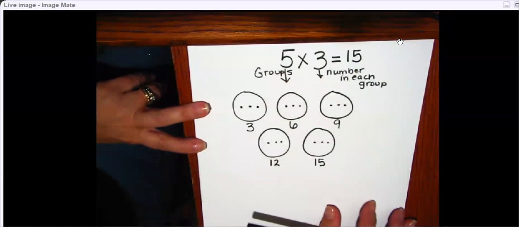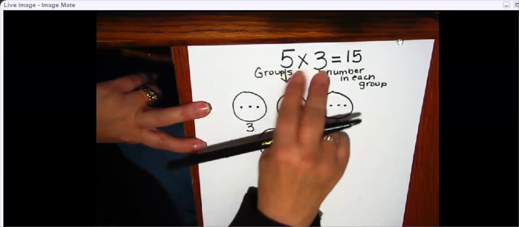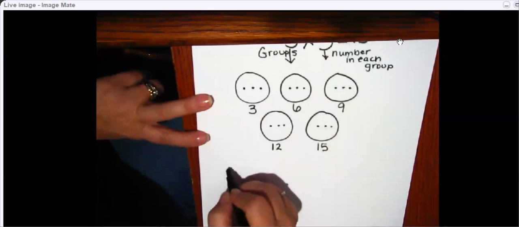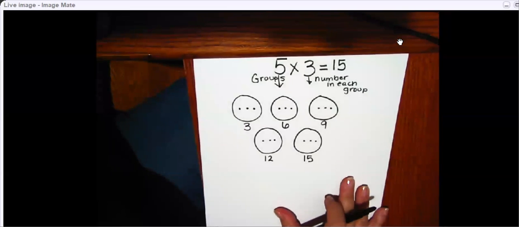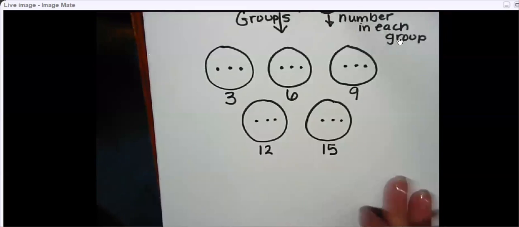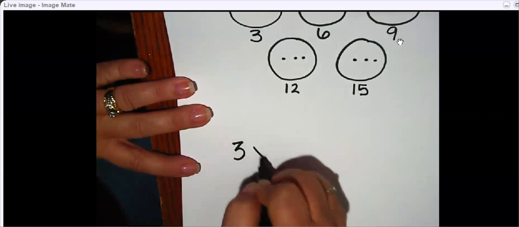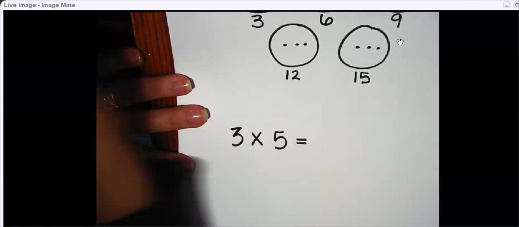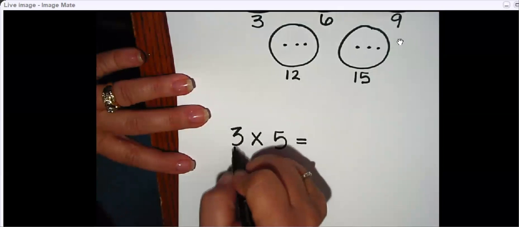Now, I could do the opposite of this. I could switch these two numbers around, and I could do 3 times 5. But my procedure is exactly the same.